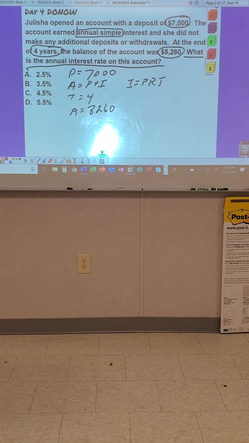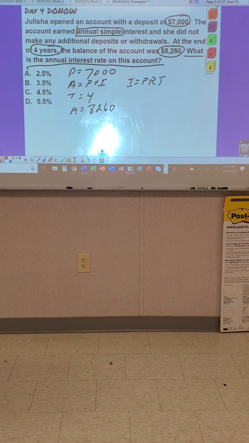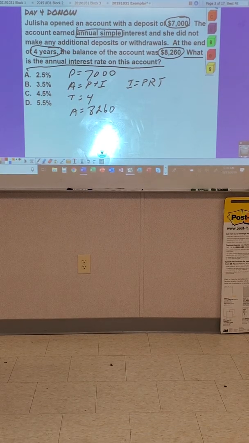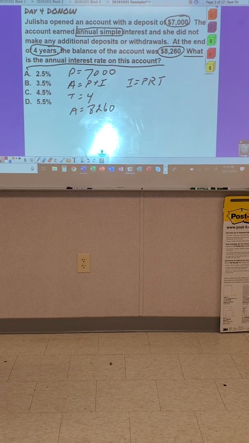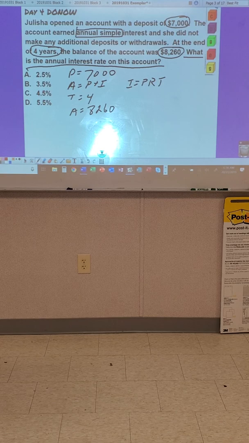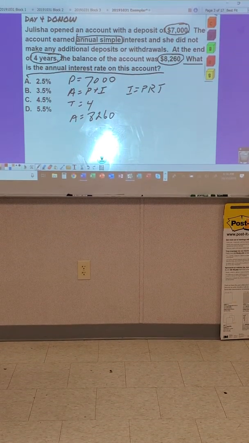Now that I have all of those pieces in place, I have to organize what I'm going to do. We just want the interest rate, so the principal doesn't matter so much, although we do need to know the total value of the interest. All we get is the balance of the account after 4 years.